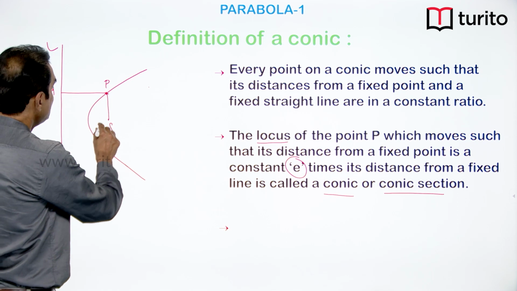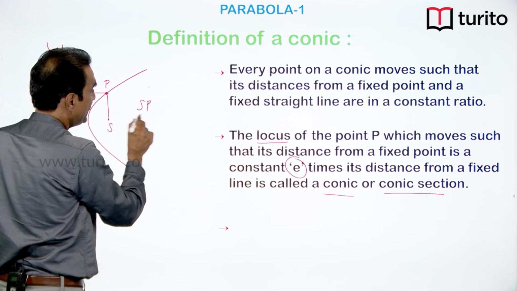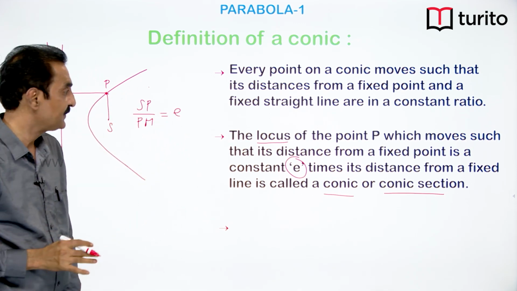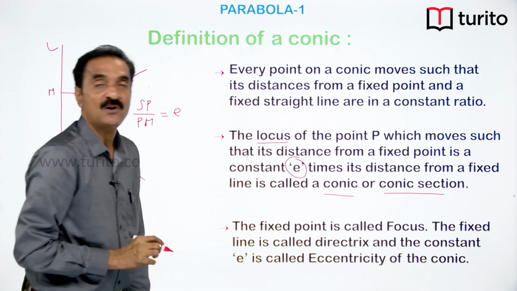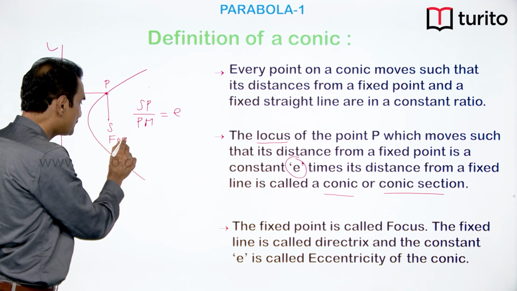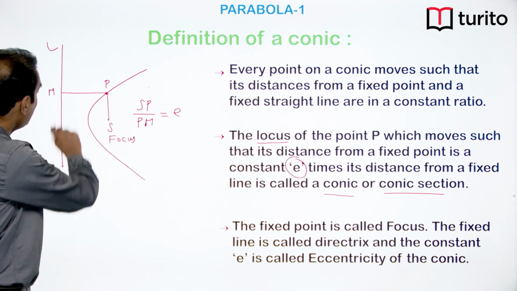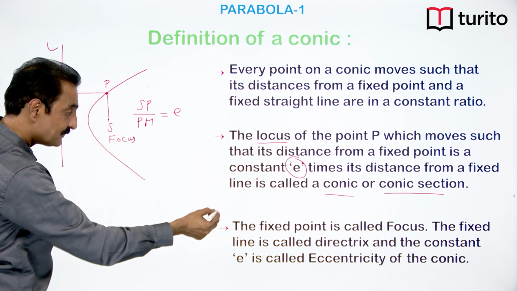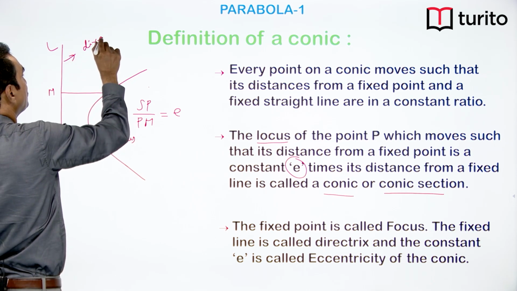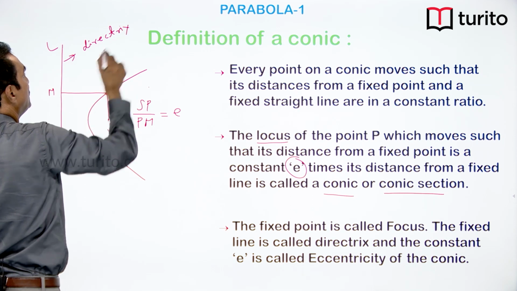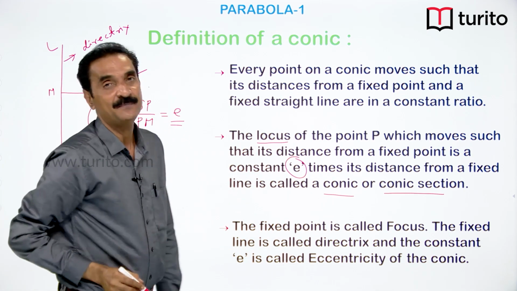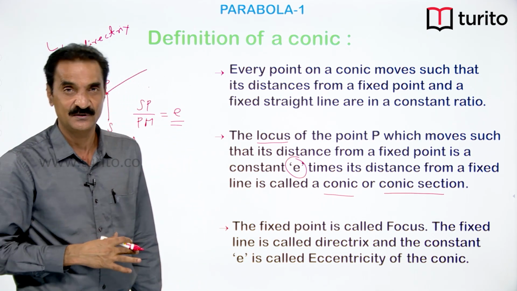Now, this distance SP by distance from the line is a constant E. That fixed point is called focus of the conic, and this fixed line is called directrix of the conic, and the fixed ratio is called eccentricity of the conic. This is the terminology used in conics.